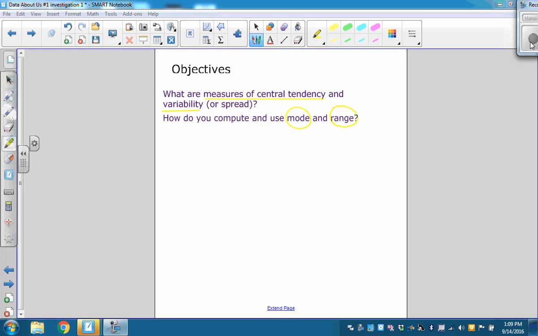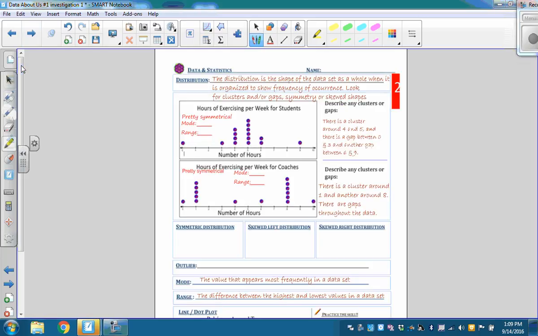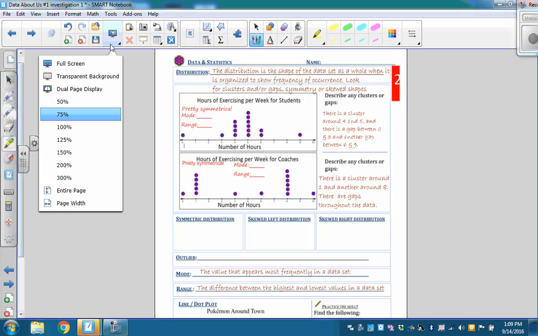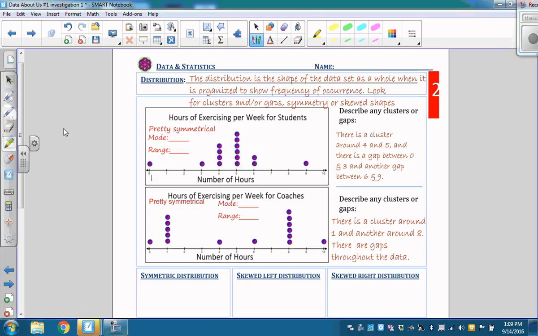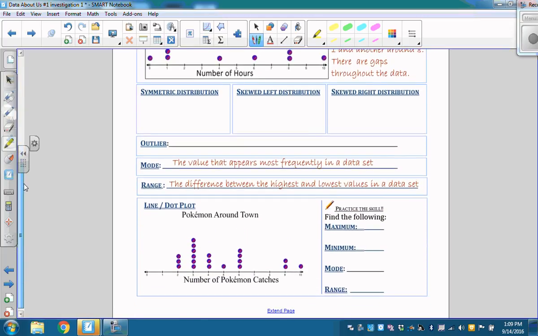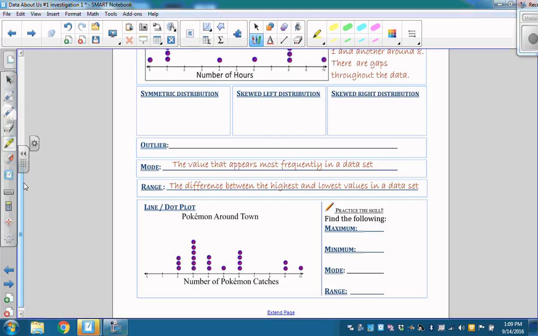And if you go to your note catcher, we have a space to write down the mode and the range. So I'm going to have you write that down, and then we're going to do an example of what it means. Looking down here, just reading aloud, the mode is the value that appears most frequently, so the most often in a data set.